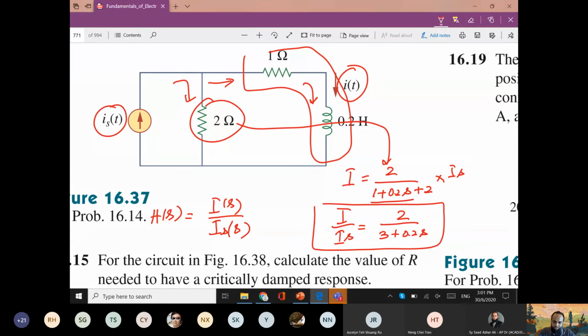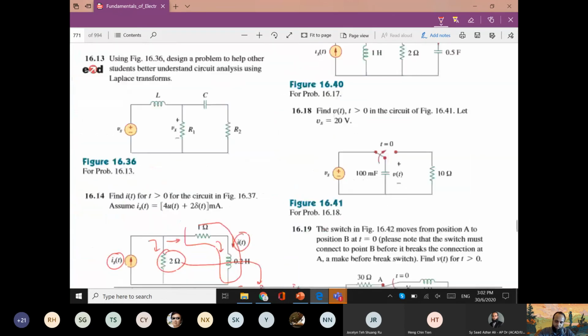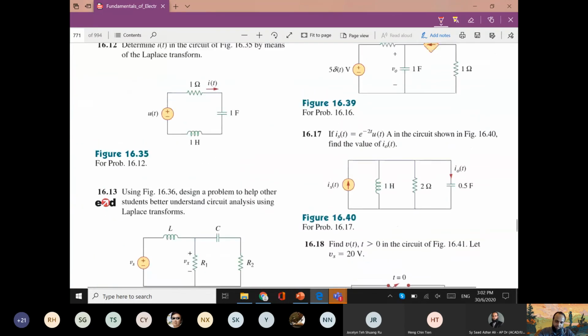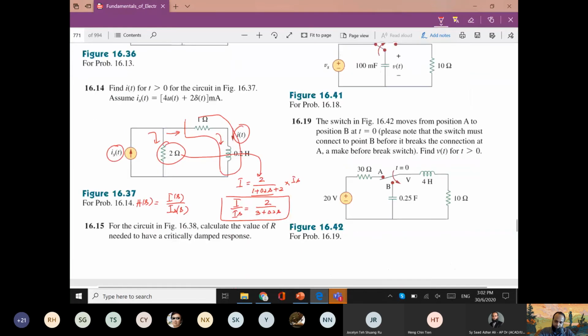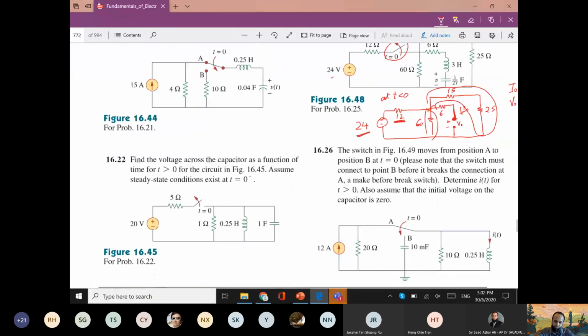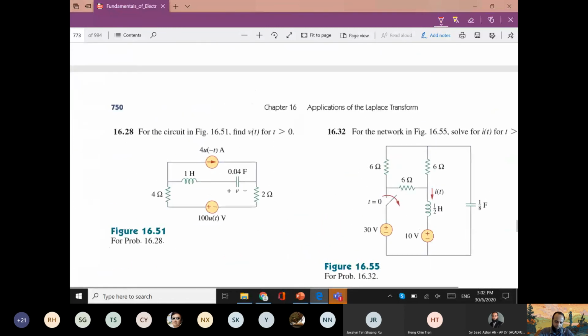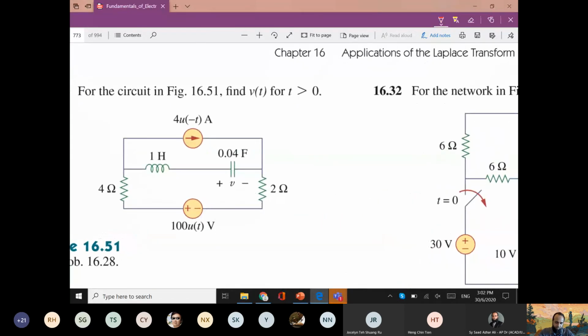It looked very easy right now, but you don't have to find the value of the input or the output in that case. Let me take one more quick example, maybe this one, which is a bit complicated at least.